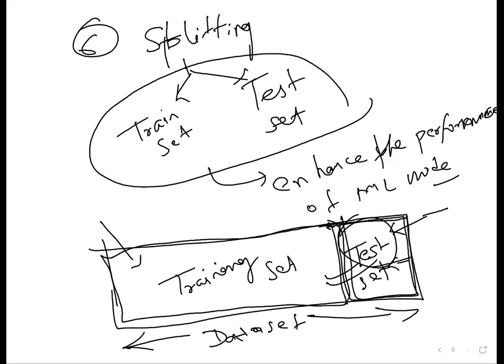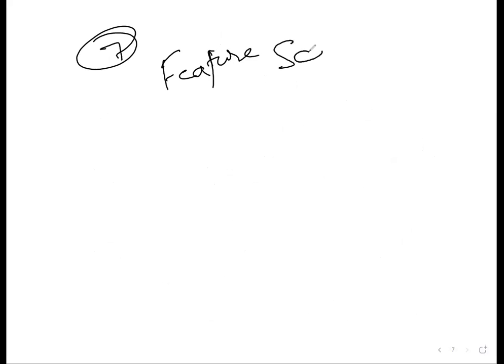Now the last step, the seventh step, is feature scaling. Feature scaling is the final step of data pre-processing.